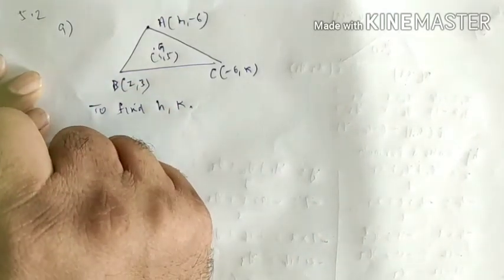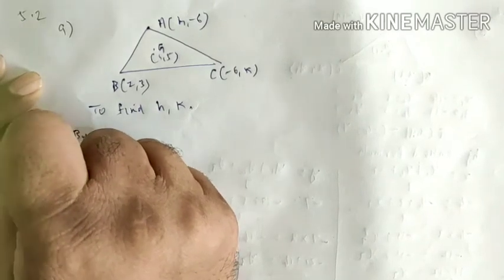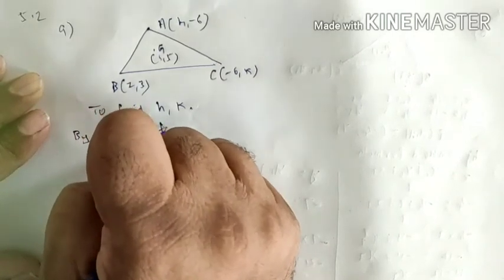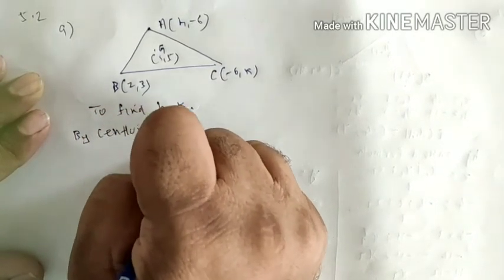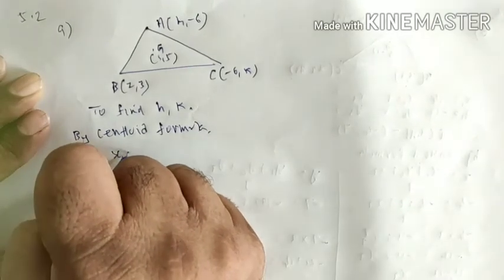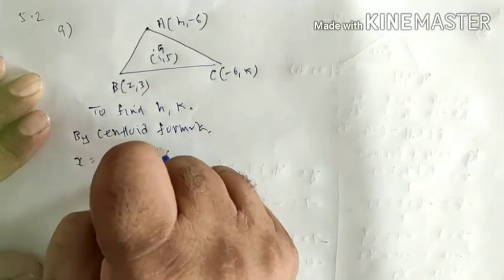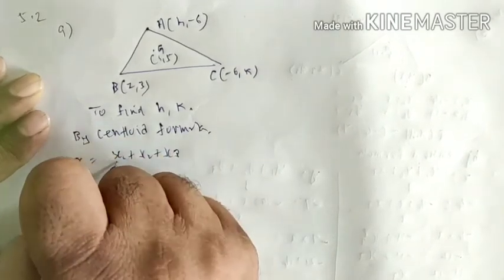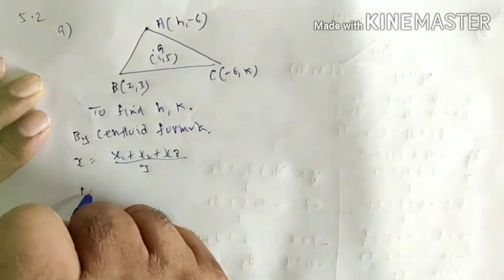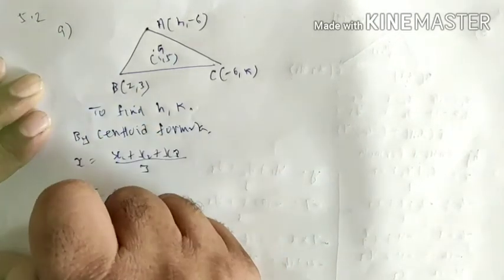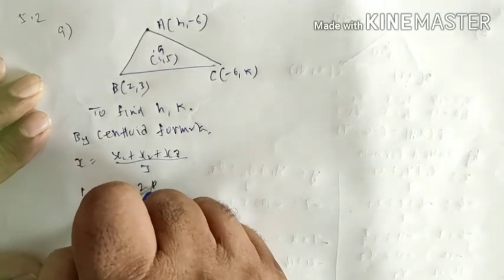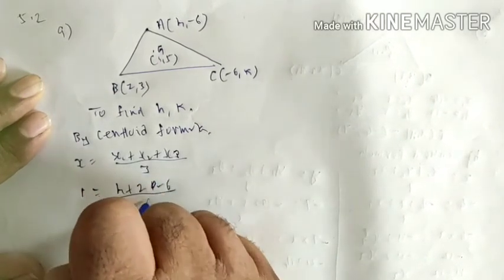Now here we shall write down, by centroid formula, x is equal to (x1 plus x2 plus x3) upon 3. What is the value of x here? x value is 1. 1 is equal to (h plus 2 minus 6) upon 3.